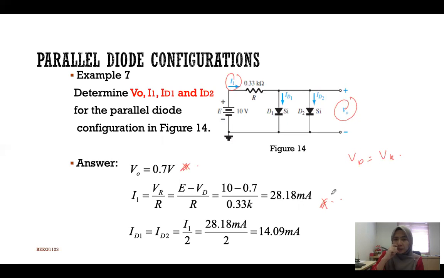Okay, and this one, ID1 and also ID2. In order to determine ID1 and ID2, I1 is equal to ID1 plus ID2.